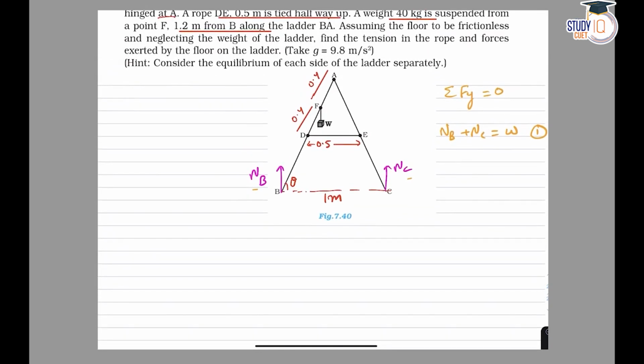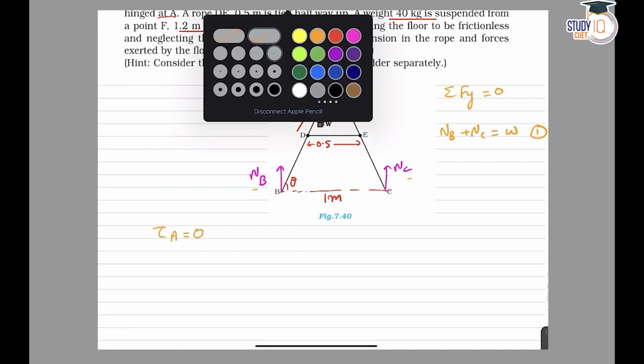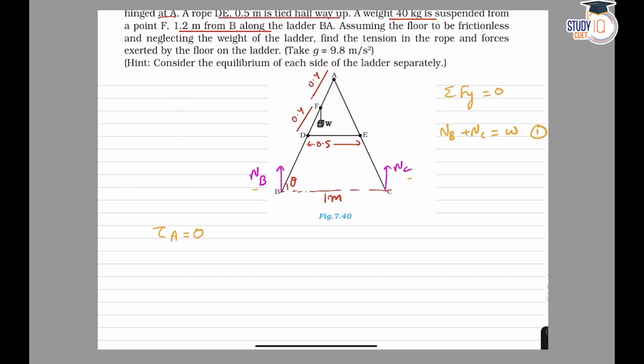Now, moving to the second part, we use the condition of rotational equilibrium. So torque about A is equal to 0. In rotational equilibrium, the torque about any point can be taken as 0. So we take the torque about A, where the torques of NB, NC and W come in. The torque due to NB is NB into the perpendicular distance of this normal force from point A, that is 0.5. We take the torque of NB about A in the clockwise sense, and we take the clockwise sense as positive.